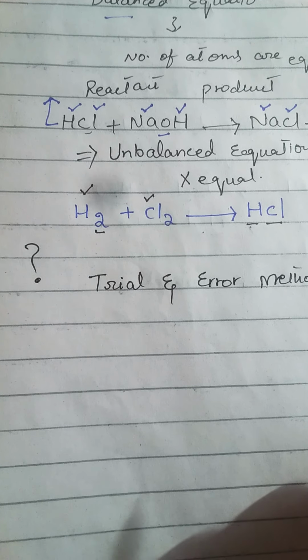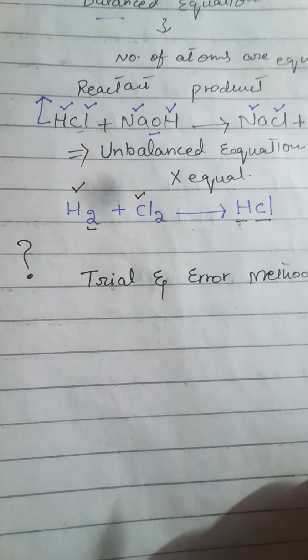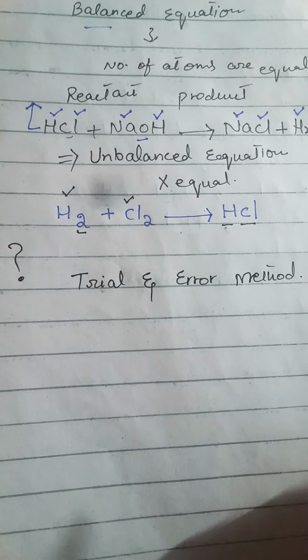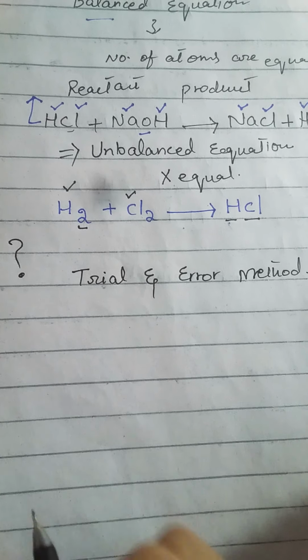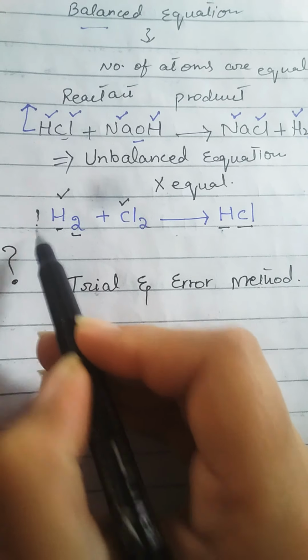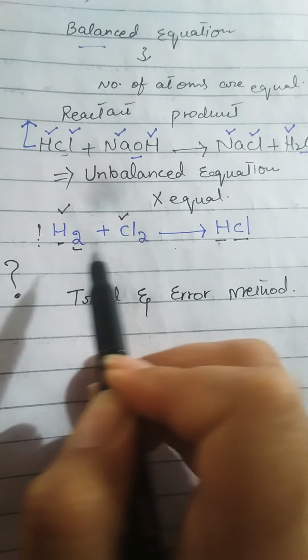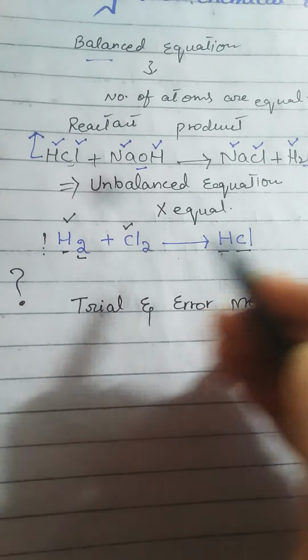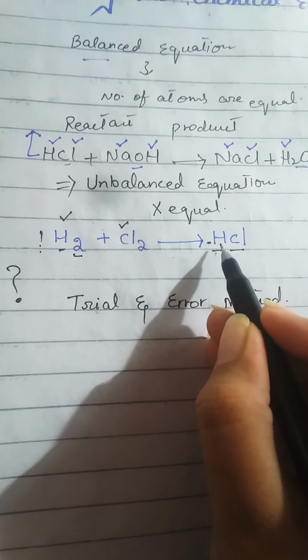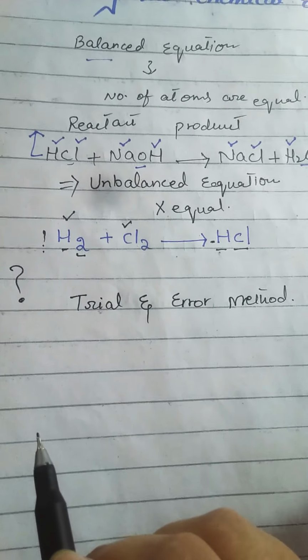It is the process in which we balance our equation by adjusting coefficients before the symbols. I am adjusting some coefficient here to balance this equation. If I put some coefficient here, multiplying with this formula, then this equation may be balanced.